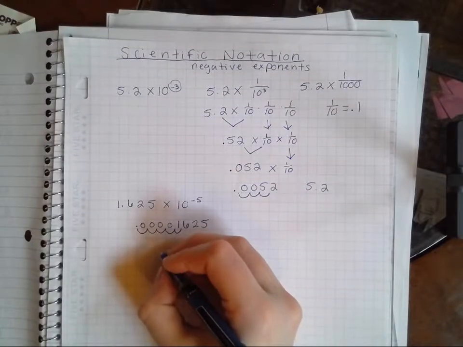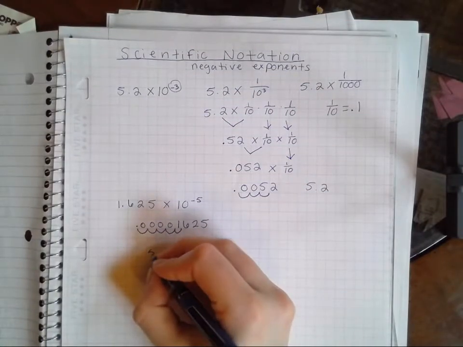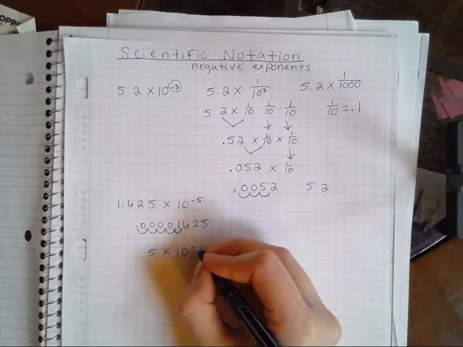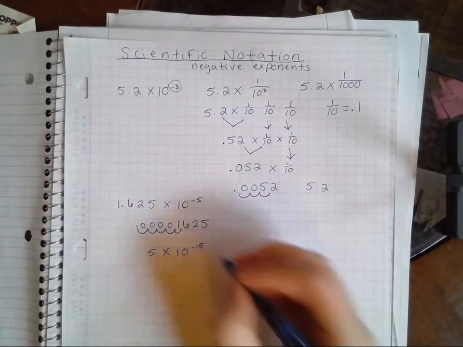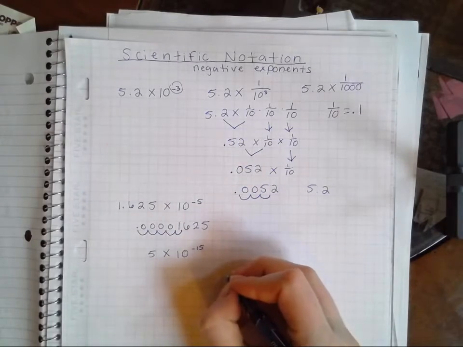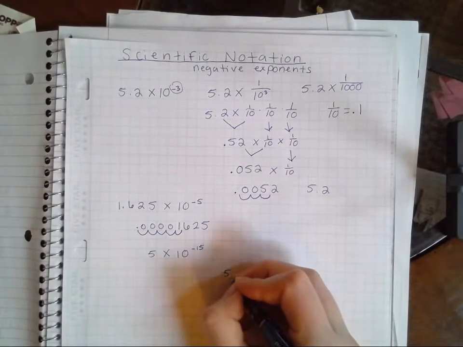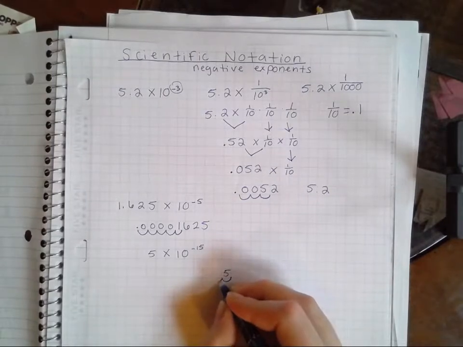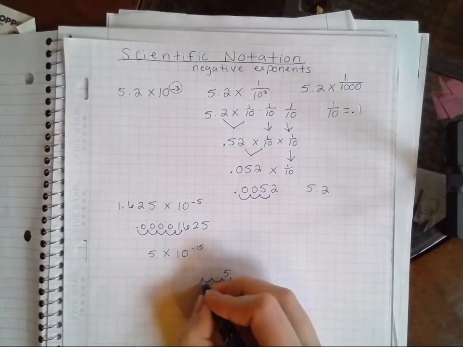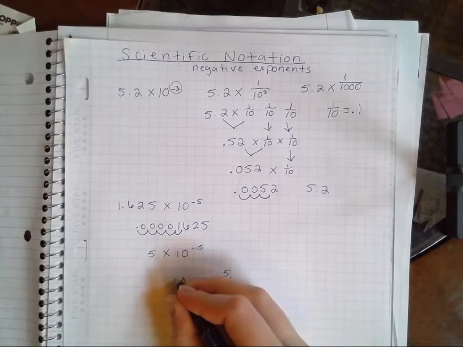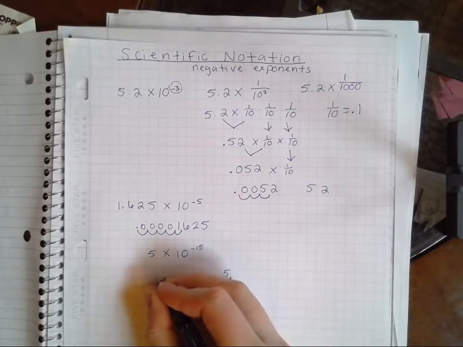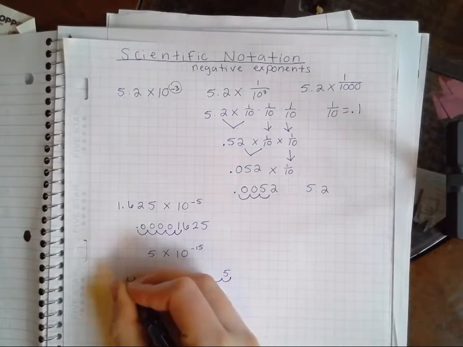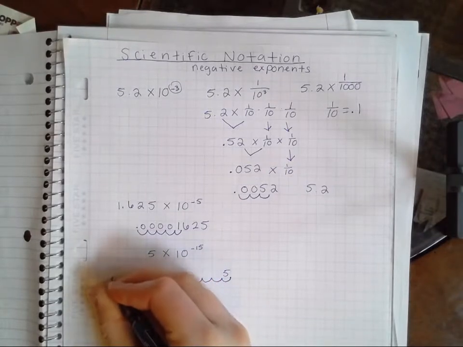Let's try it with something bigger. So 5 times 10 to the negative 15th, you're going to start with 5. Your decimal point started right here, and you're going to move it over 1, 2, 3, 4, 5, 6, 7, 8, 9, 10, 11, 12, 13, 14, 15.